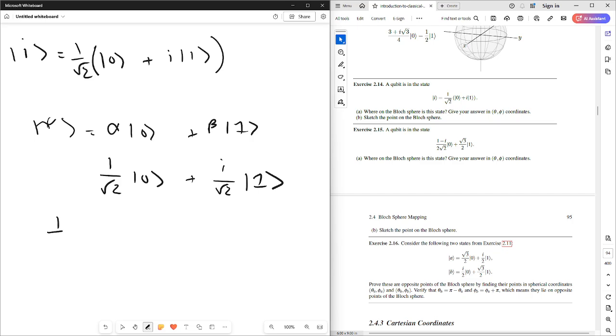So 1 over square root of 2 equals cosine of theta over 2. And e^(i rho) sine of theta over 2.